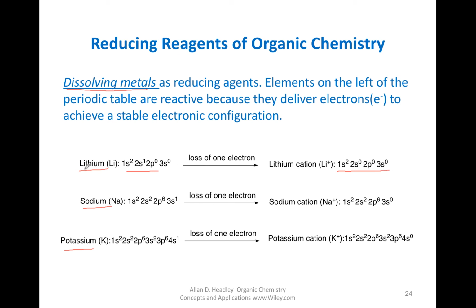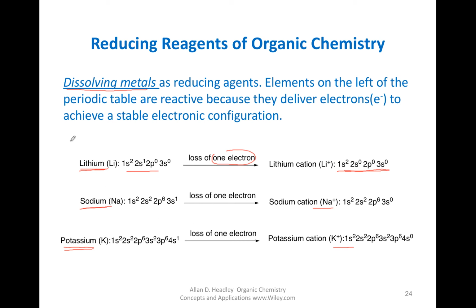So as you can see here, lithium gave up one electron. It gains the electronic configuration of helium. If sodium gave up one electron, it gains the electronic configuration of neon. And of course, if potassium gave up one electron, it gains a stable noble gas configuration.